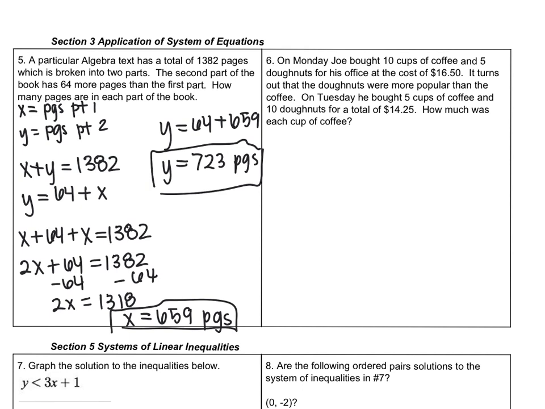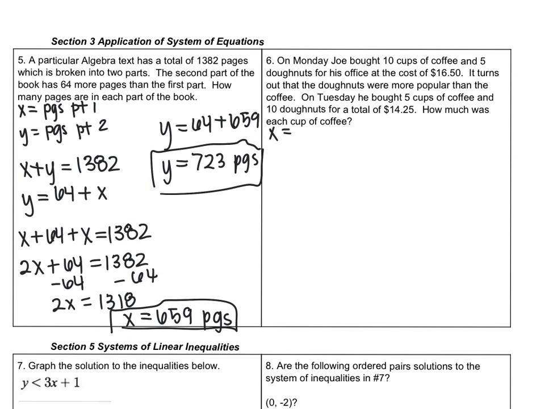On number 6, we have that on Monday, Joe bought 10 cups of coffee and 5 donuts for his office at the cost of $16.50. Turns out that the donuts were more popular than the coffee, so on Tuesday he bought 5 cups of coffee and 10 donuts for a total of $14.25. How much was each cup of coffee?